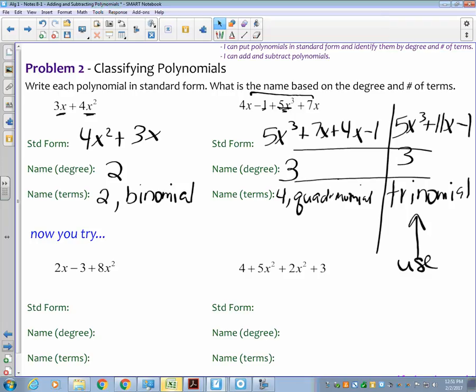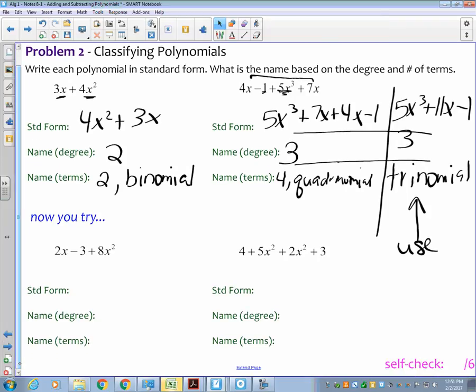Okay, guys, take a moment and try this on your own with these two problems. So for this problem right here, in standard form, it goes 8x squared plus 2x minus 3.